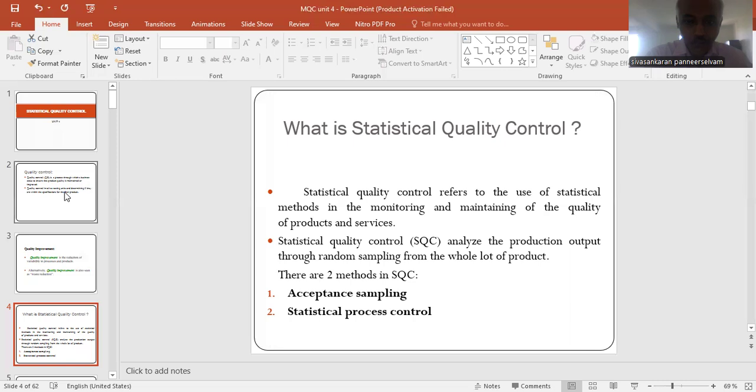Through graphical representations, I can confirm whether all the information related to the product is workable or not. Here there are two different methods in statistical quality control: acceptance sampling, and the other one is statistical process control. Let us see them in more detail in the following slides.